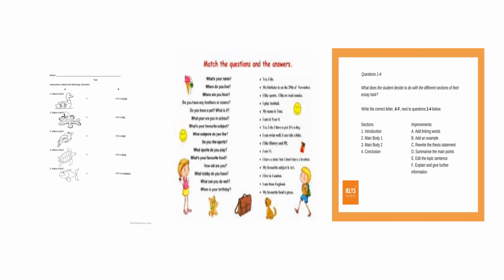In the premises, in the column on the left, we have introduction, main body 1, main body 2, and conclusion, and we know that they are the parts of the essay. While in the next column, on the right, we have the improvements that can be made in each one of these sections. Okay.